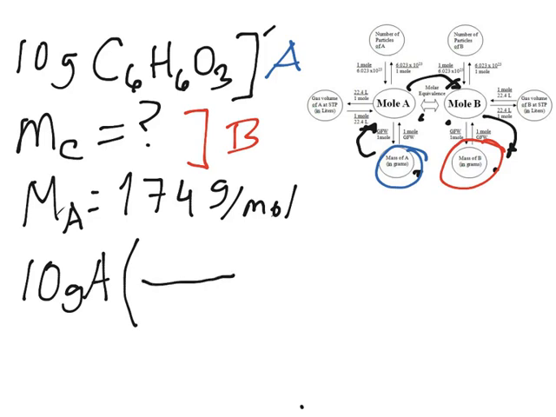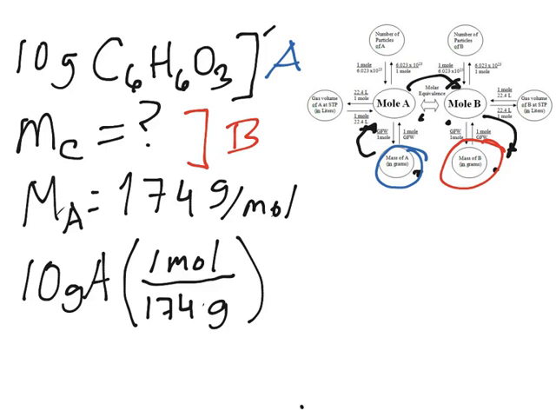We found the molar mass of A to be 174 grams per mole, but we just say grams because the moles go up. And that is in just 1 mole of that molecule. Remember, the molar mass is of 1 mole. So we went from the mass to the moles. We have moles of A.